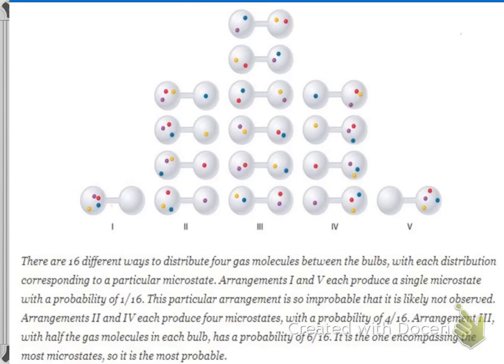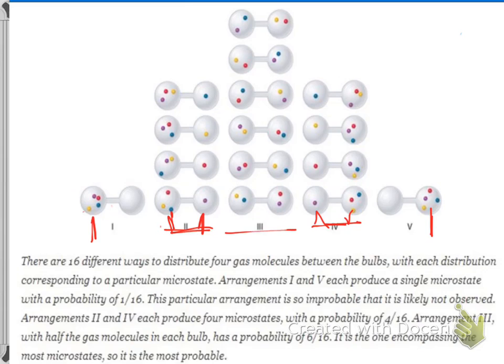It's kind of like a probability model. So if I have 4 particles, and I've got 2 bulbs on my gas container, it is possible that all 4 would be in one bulb or the other, right? But it's more possible that 3 of them will be in one and 1 of them will be in the other, right? Okay?